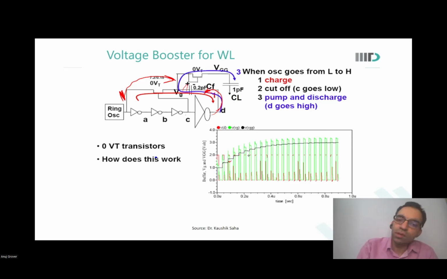So fewer cycles would be needed, but the cycles are larger in themselves. Over here, we have used fewer inverters, so every cycle is short, but I may need more cycles to get to the desired voltage level. Okay?